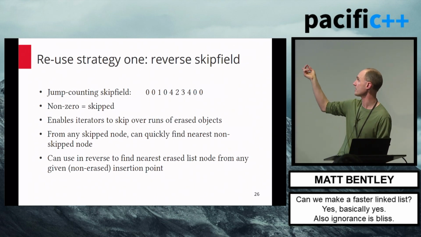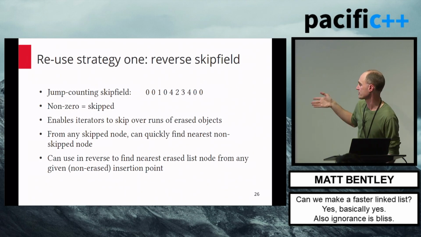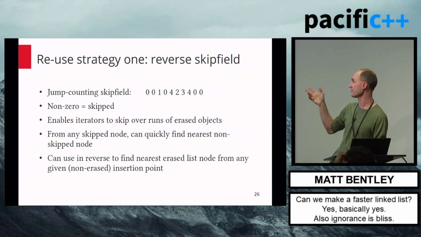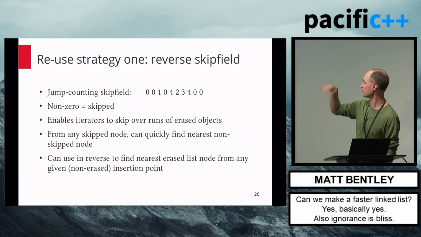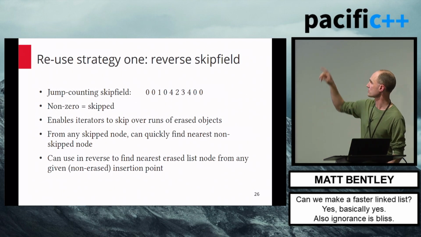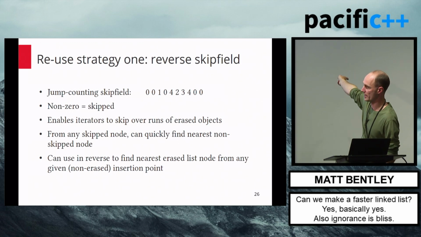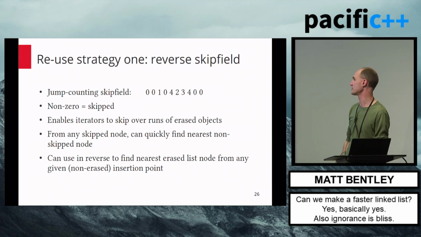So if you take the 3 there, that tells you that the nearest non-skipped node to the left is 3 places away. From that, we also know where the start of that run of erased nodes is, so the 4, and that tells us where the end of the run of erased nodes is.